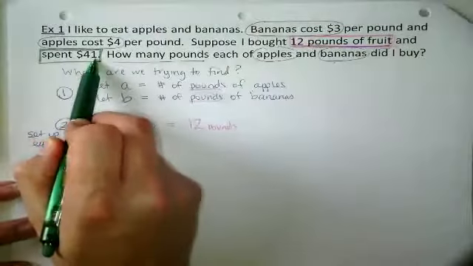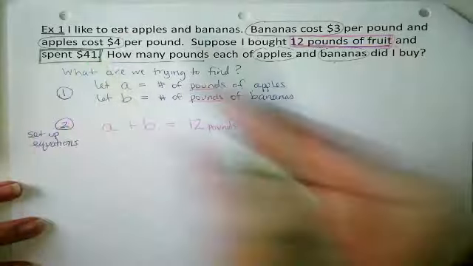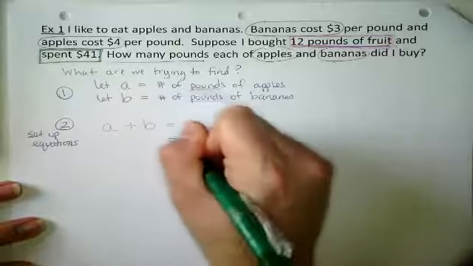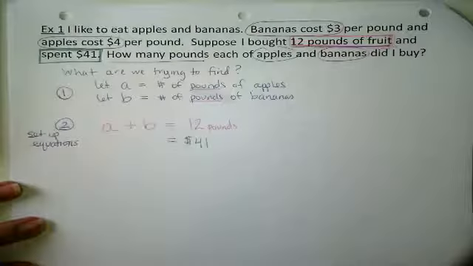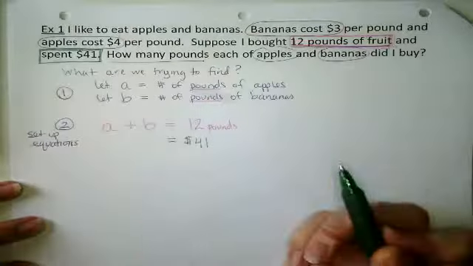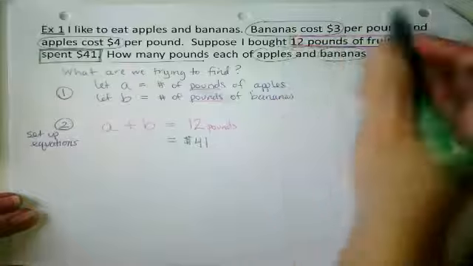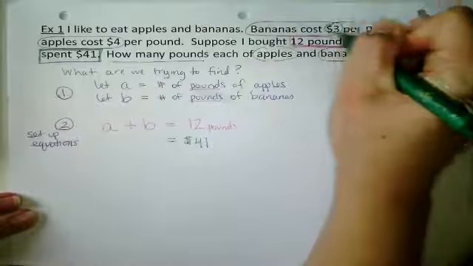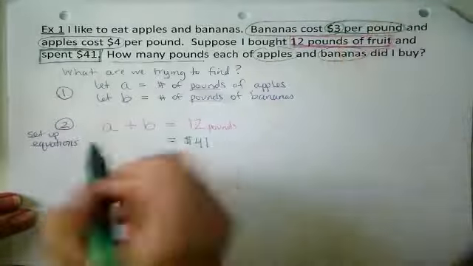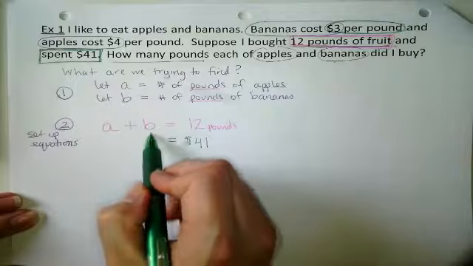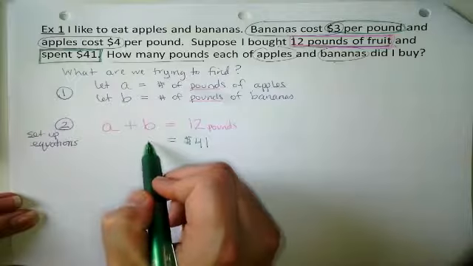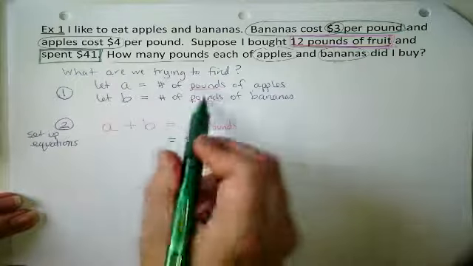Now I spent a total of $41. So now I have another equation that deals with money. So where do I have money in my equation? Well, bananas cost $3 per pound, okay? And that's really important. Do I put 3 for the bananas? No, it's $3 for every single pound.